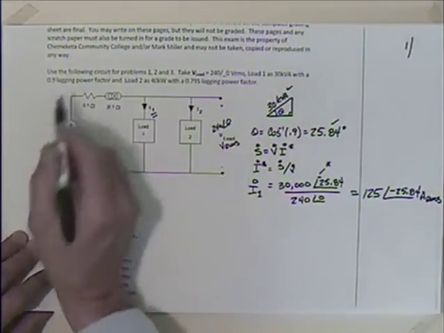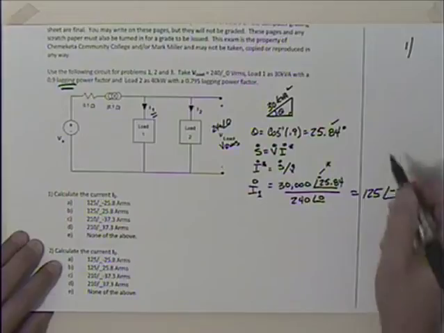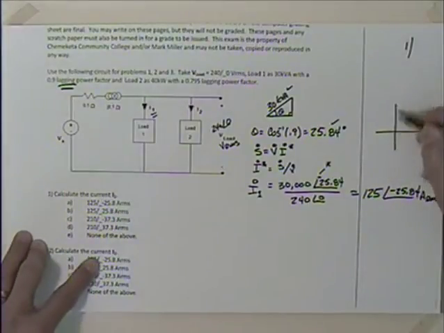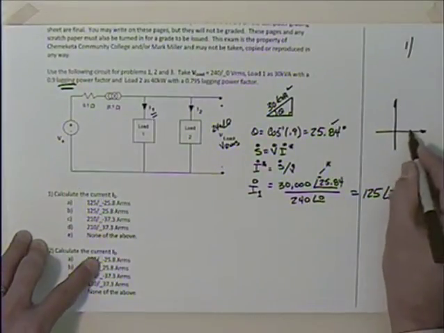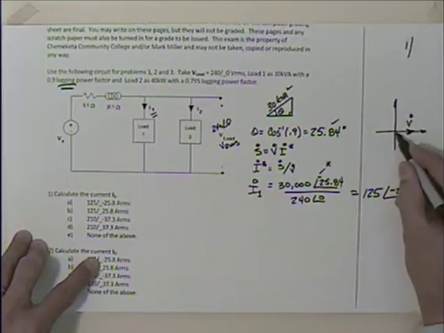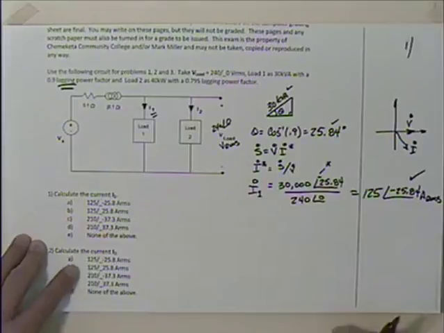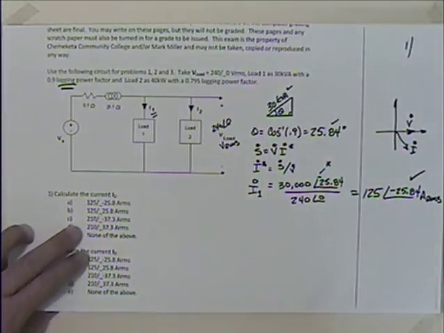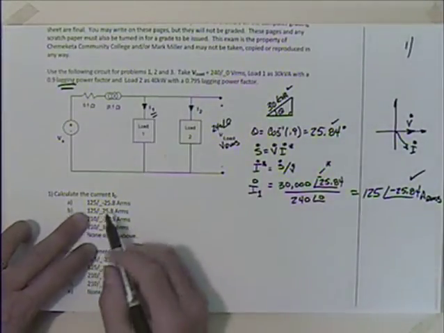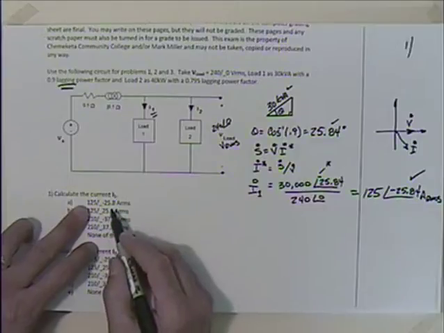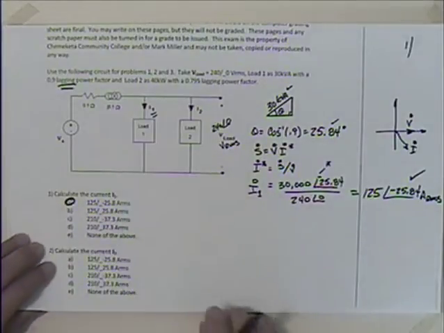Yeah, lagging power factor. So if I were to look at this on a phasor diagram, we've got the voltage here, and we would expect the current to be like that. So I think we can be pretty comfortable with that answer. I1 is 125 at minus 25.84? Yep, looks like answer A.